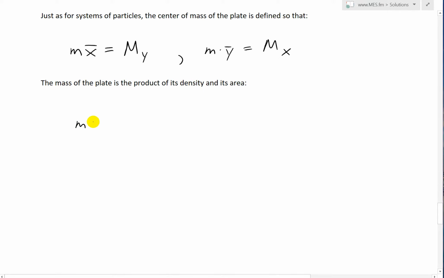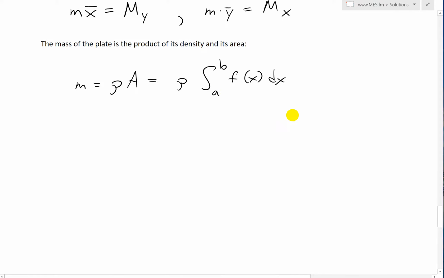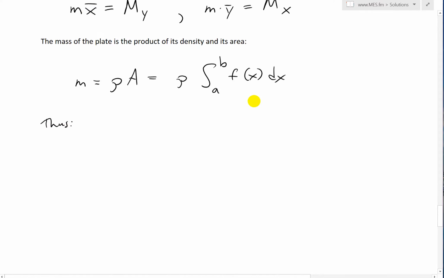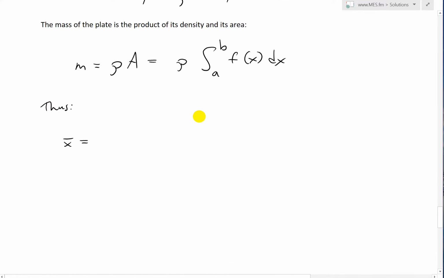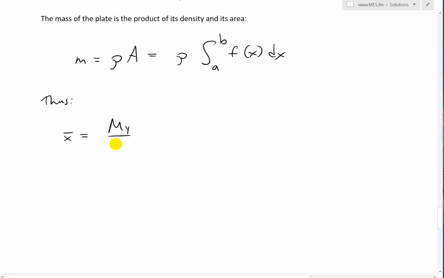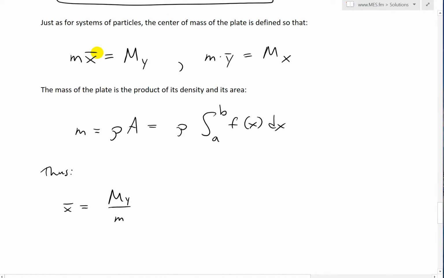So we have mass equal to rho times area, and we already know how to solve areas from my early videos on integrals and areas. That's the integral from a to b of f of x dx, so that's the area. Thus we can solve for each of these centroids. The centroid in terms of x is equal to, just rearranging that, My over m.